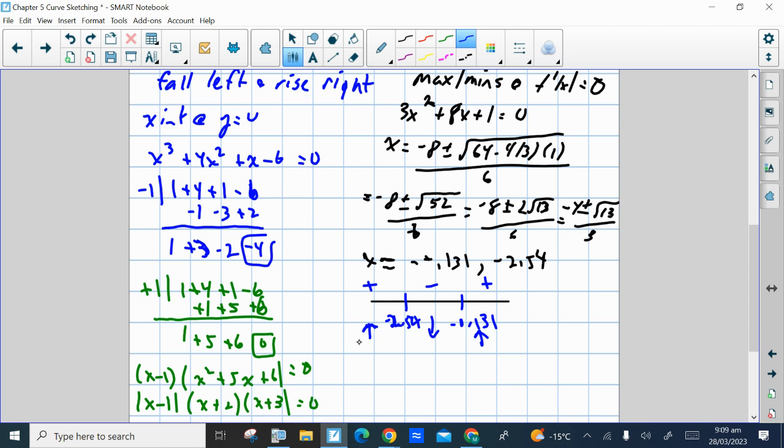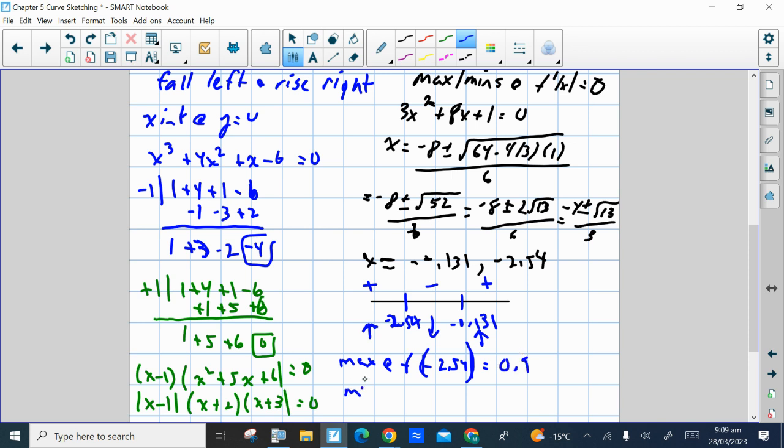So we have a local max at f at negative 2.54. And when x is negative 2.54, we'll get positive 0.9 approximately.